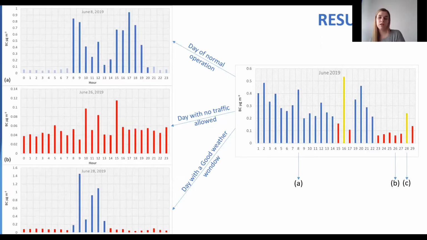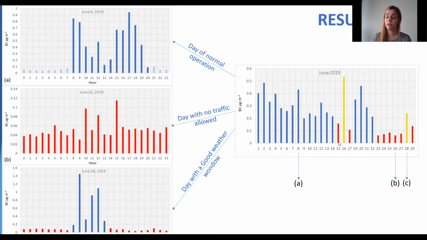And finally, this is an example of a typical month of winter, with the different cases that we can have in a day. These are our daily means, and the blue bars represent the days with normal operations.